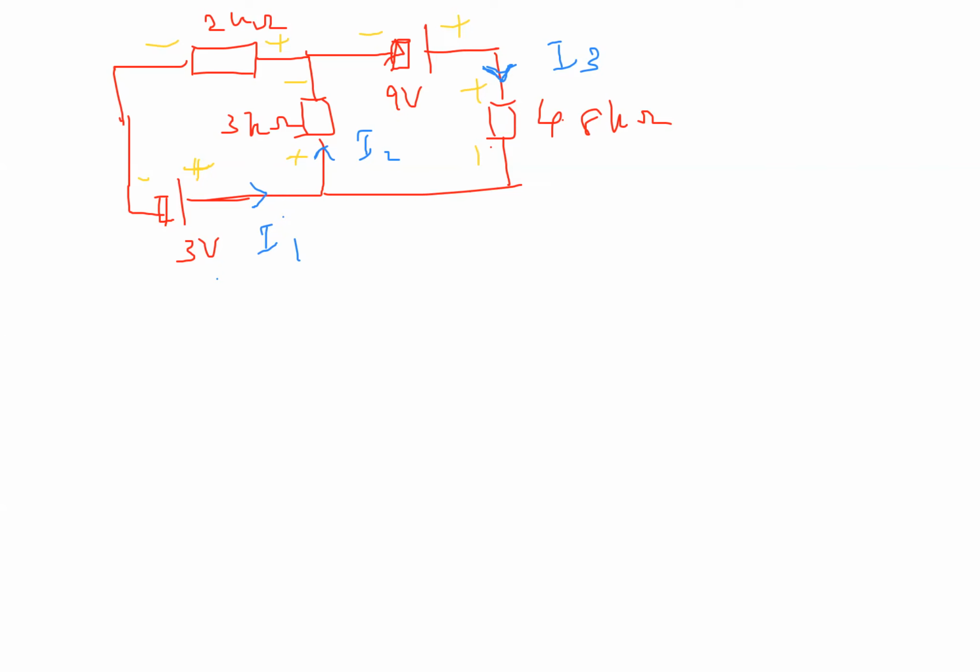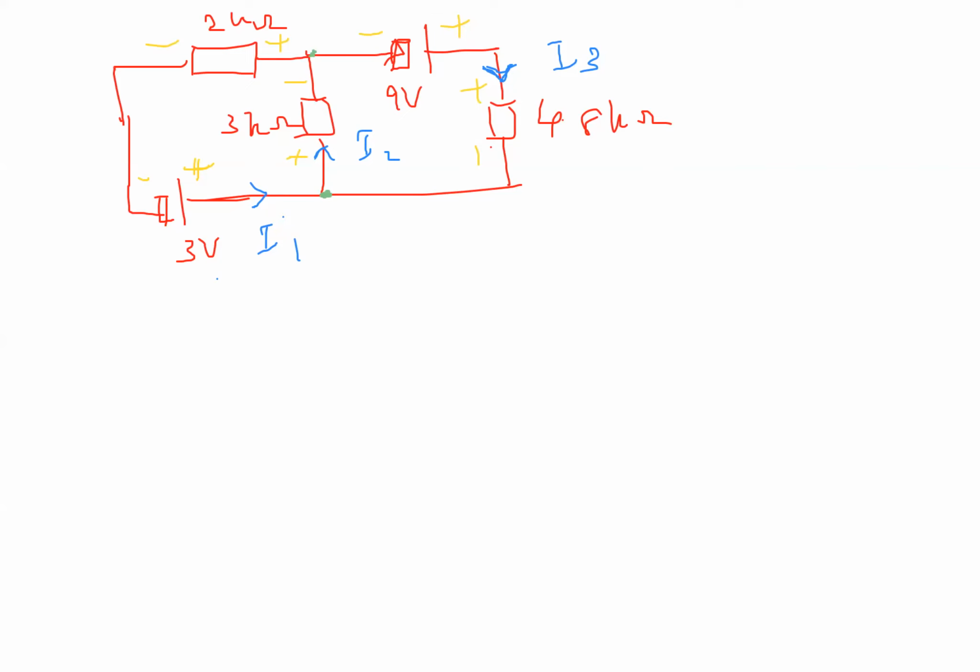First, we will apply Kirchhoff's current law to this node. When you apply Kirchhoff's current law, you can see, guys, it is easier to solve this one because we have marked I1 and I3 as incoming currents, right?